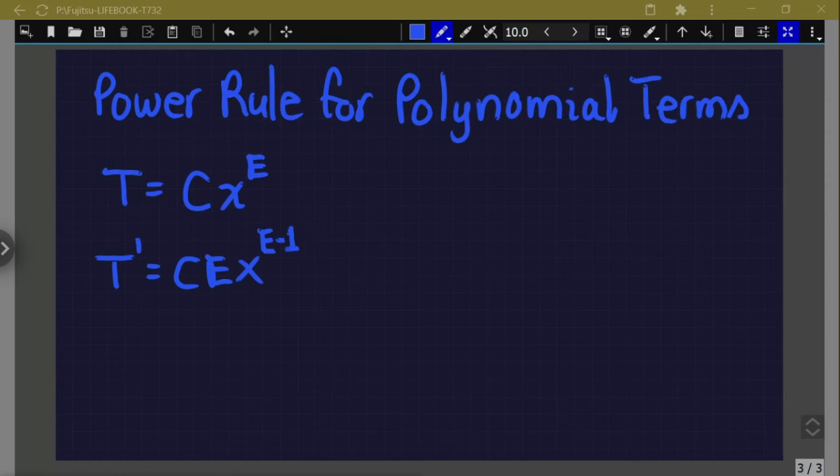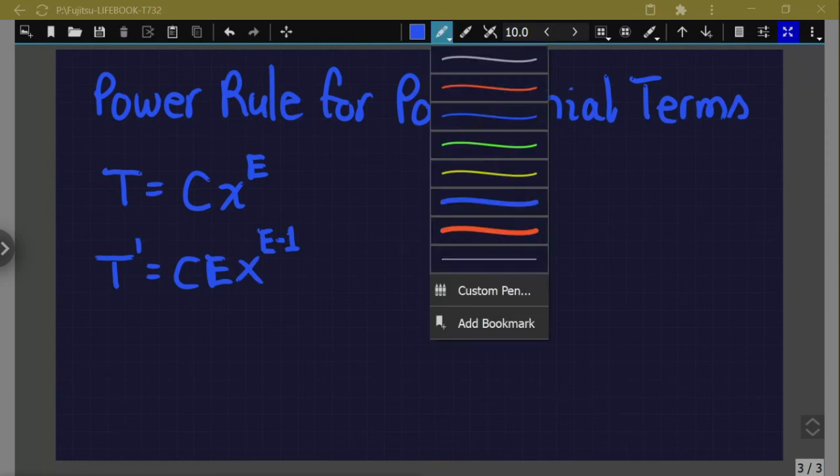So there you have it. When you want the derivative of a polynomial term.